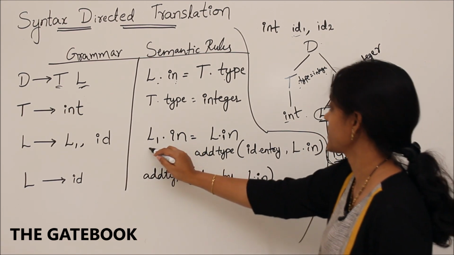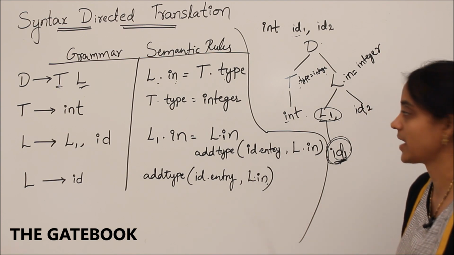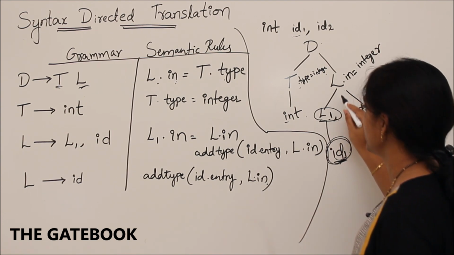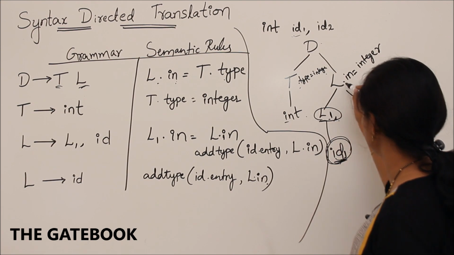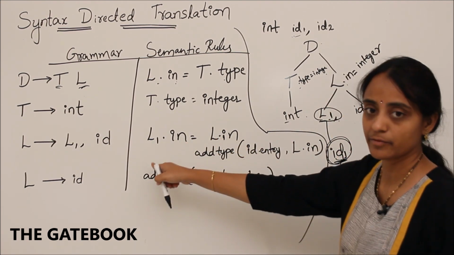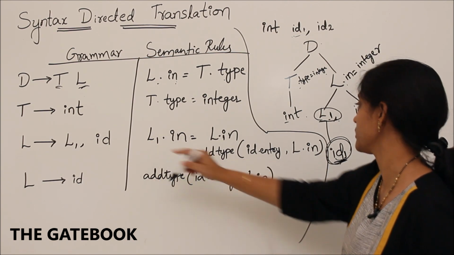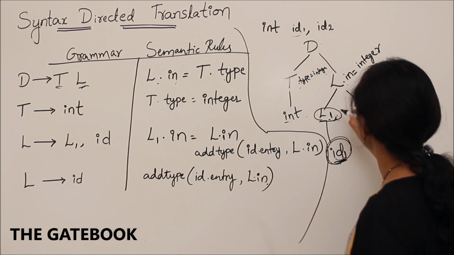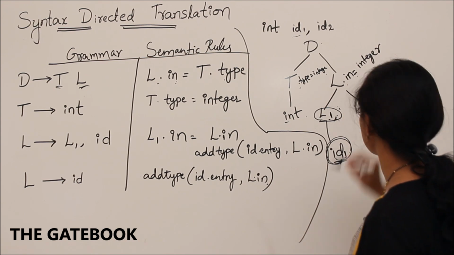So in this case again we need to apply this semantic rule. Whenever we have this identifier, we already know the inherited attribute of L. Now we need to compute the inherited attribute of L1. So L1 dot inherited attribute is nothing but L dot inherited attribute.